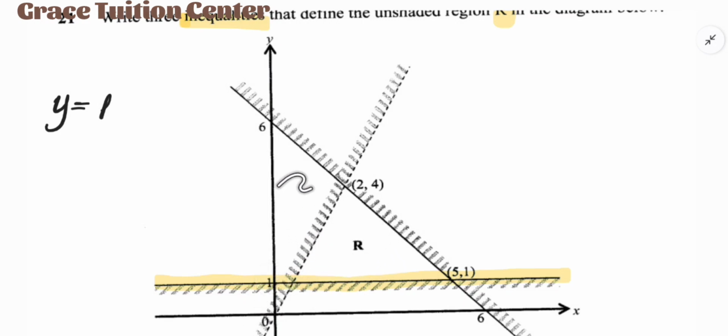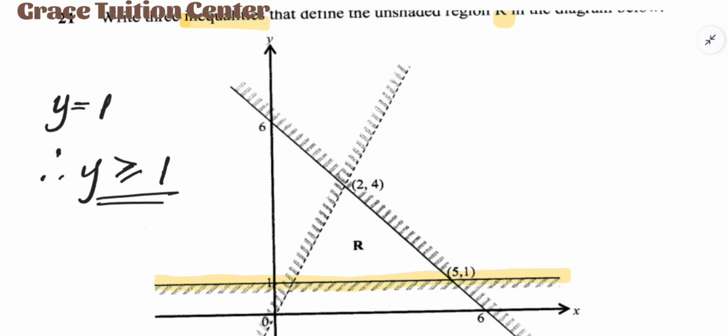Are they bigger than 1 or less than 1? Clearly, you can see that the numbers on top of this line here are bigger than what? 1. And bigger means greater. You see that? So we are saying, therefore, our inequality is y is greater than or equal to 1.